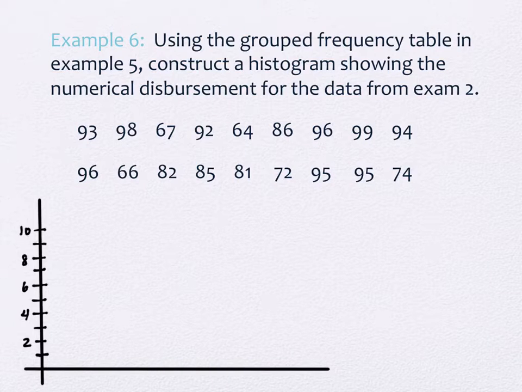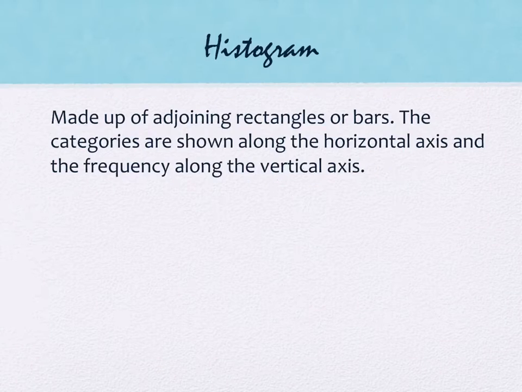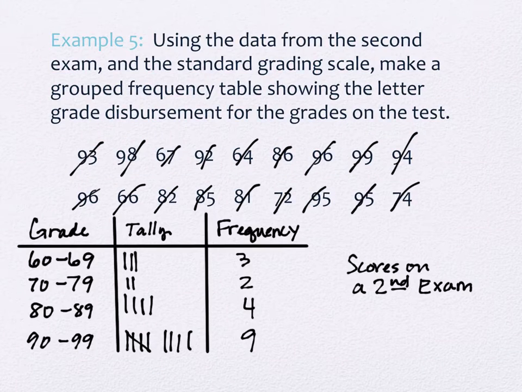If you want to label them all, you can, but sometimes when we get to writing too small, it actually looks messier. And we need to make sure we put labels as we're doing our axes. So this label will always be frequency in a histogram. And then we're going to do our lower axis. Our horizontal axis needs to represent the grade categories.